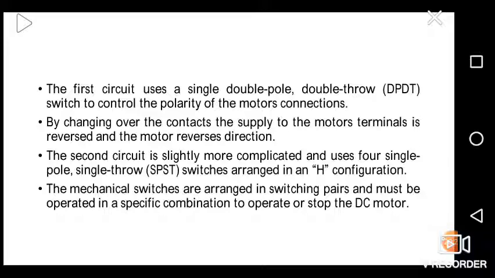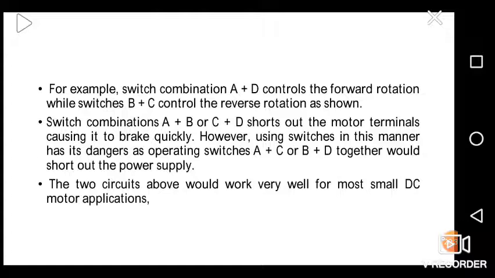These mechanical switches are arranged in switching pairs and must be operated in a specific combination to operate or stop the motor. For example, switch combination A plus D controls the forward direction, while switches B plus C control the reverse direction as shown in the figure.